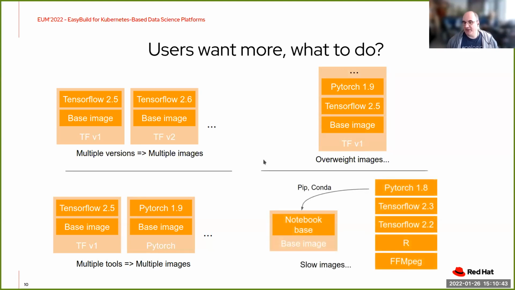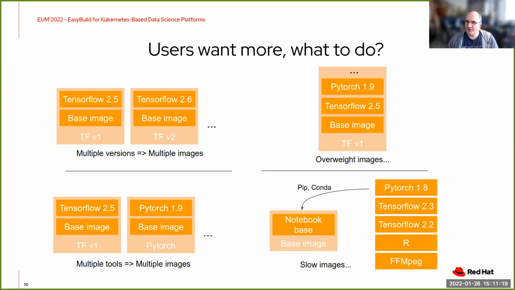Or you can decide, okay, we don't provide anything, just a base notebook, and we let users do their pip installs, conda installs for what they want. This is something quite standard that you will find, say, for notebooks as a service. You go to Google Colab, it comes with a certain set of libraries, and all the rest you have to install yourself, which works, but then you put all the hassle on the shoulders of the users, who every time they launch a new notebook, a new environment, have to redo their pip installs.